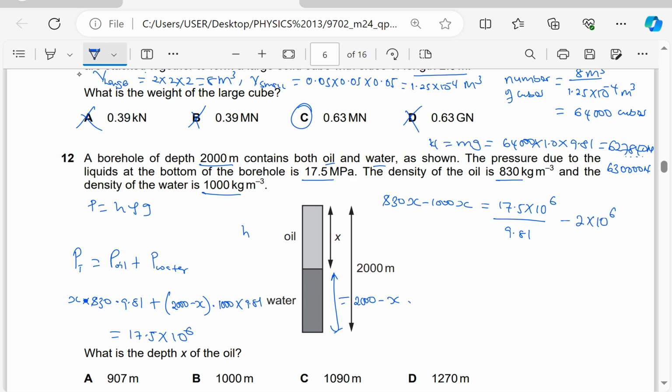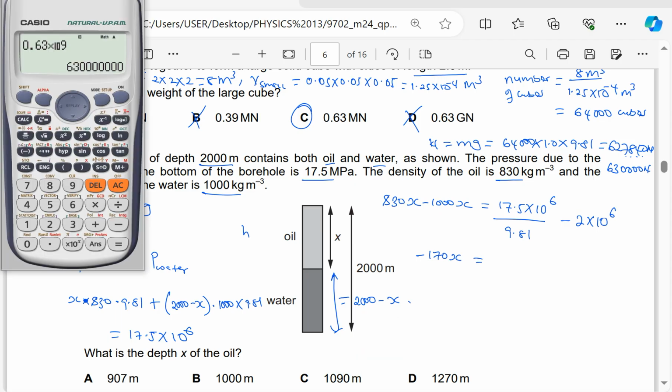That is 2 millions. So this means negative 170x equals 17.5 exponent 6 divided by 9.81, then minus 2 exponent 6.